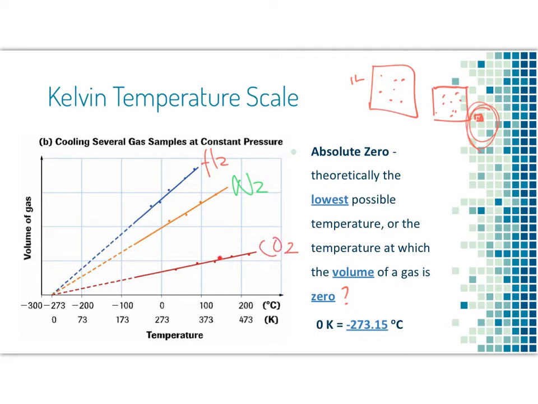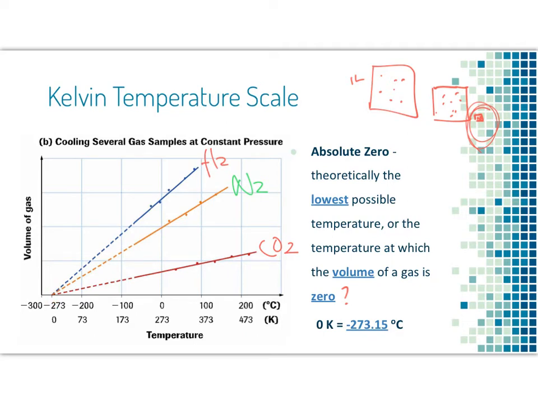We cooled it, and then we drew our line of best fit with our data, and it intersected the graph at the exact same point for 0 volume. It came to 273. So no matter what gas we cool, they will all have a 0 volume at 273 degrees Celsius below 0.